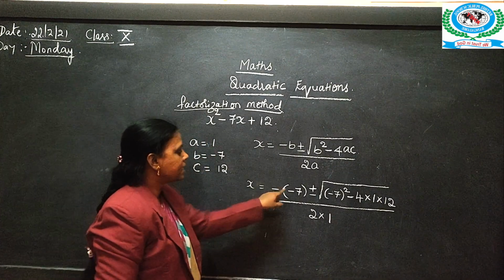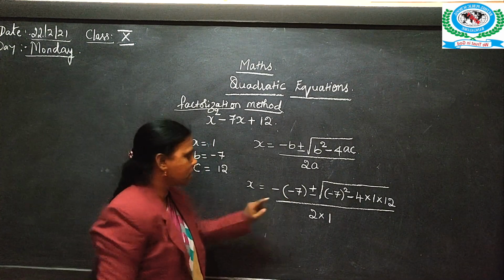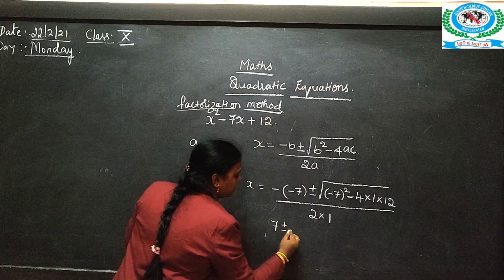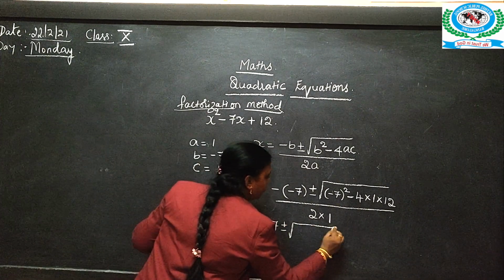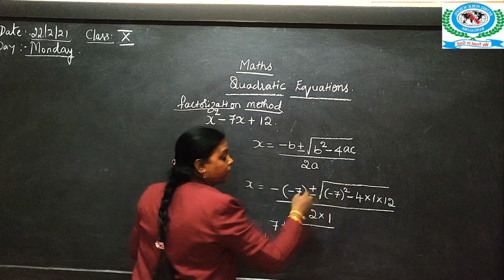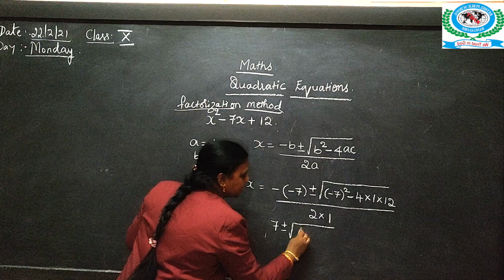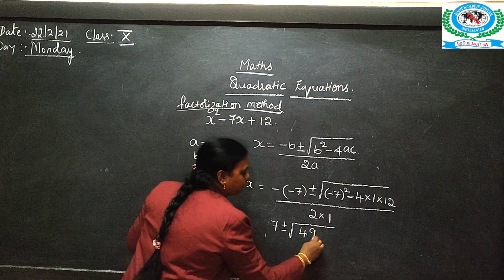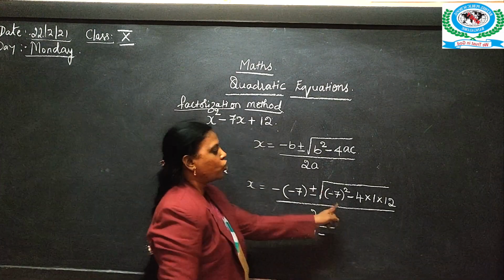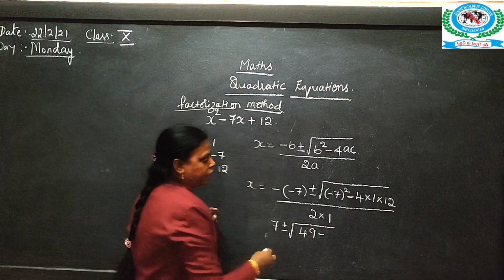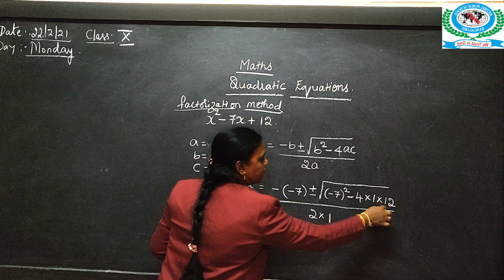So minus into minus will become plus. So 7 plus or minus square root of minus 7, when you are squaring, it becomes plus. So 7 sevens are 49, minus 4 into 12. 12 into 4 will give me 48. 4 twos are 8 and 4 ones are 4.